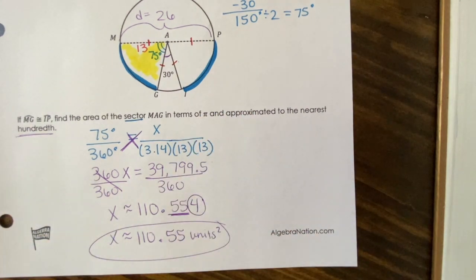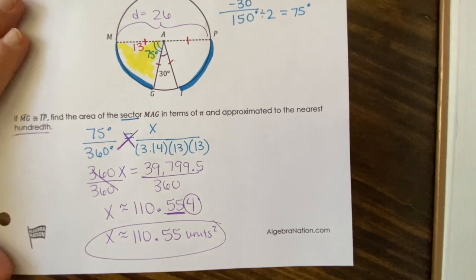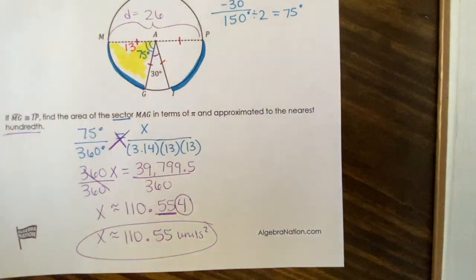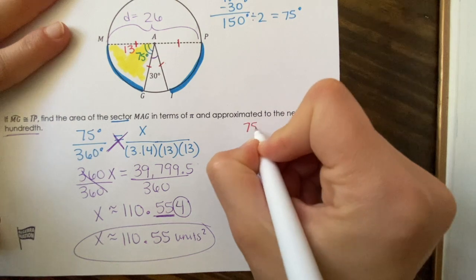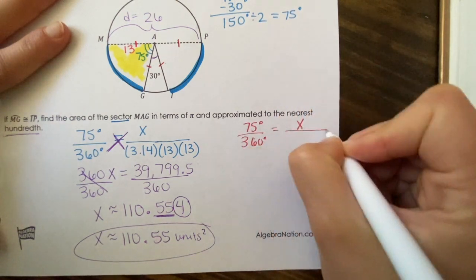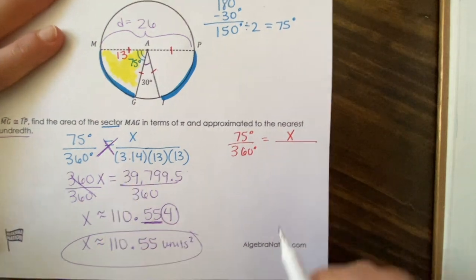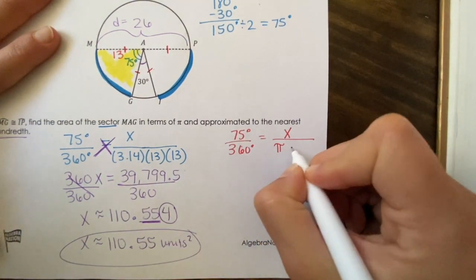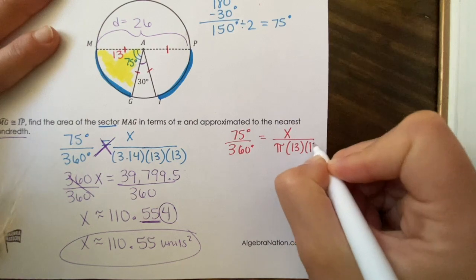Now we're going to find it in terms of pi. All that we're going to do here is pretty much just do this again. So 75 degrees out of 360 equals x over, instead of using 3.14, we're just going to put pi there. So pi times 13 times 13.